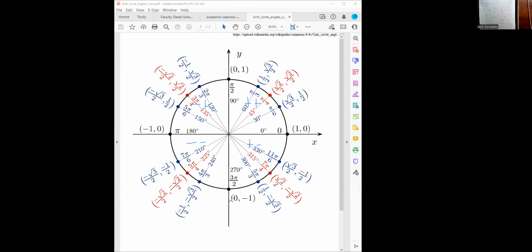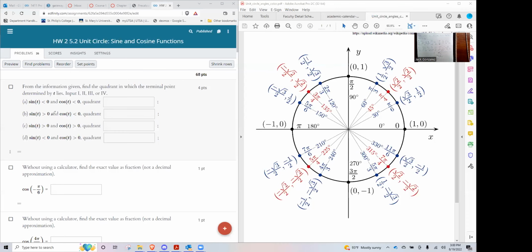So now let's put both screens on. If sine is positive and cosine is negative, that means y is positive, x is negative, so it has to be 2. This is 2.